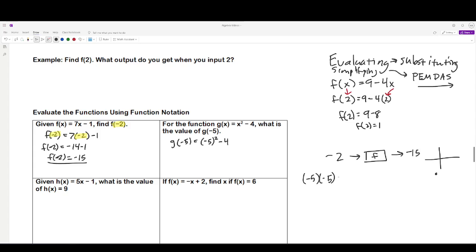When we multiply that, we end up with a positive number because a negative times a negative is a positive. So we get 25 minus 4. 25 minus 4 is equal to 21. So g of -5 is equal to 21.